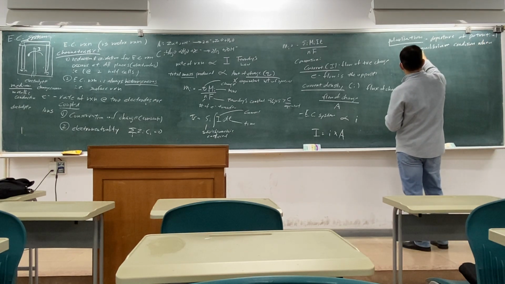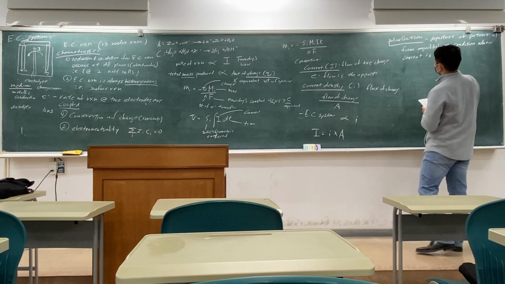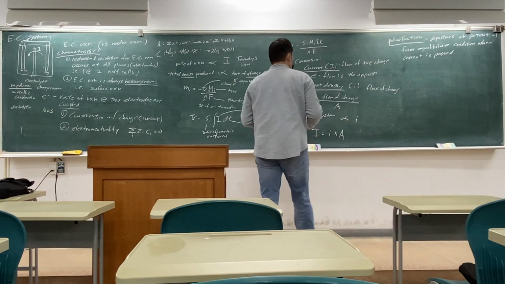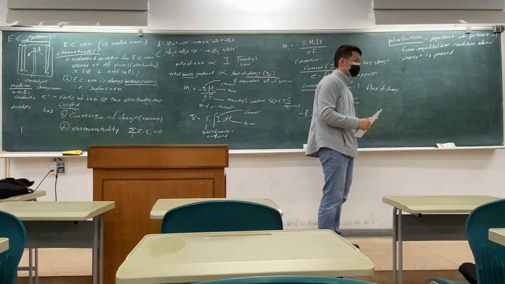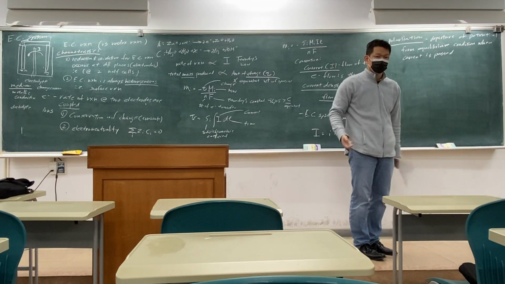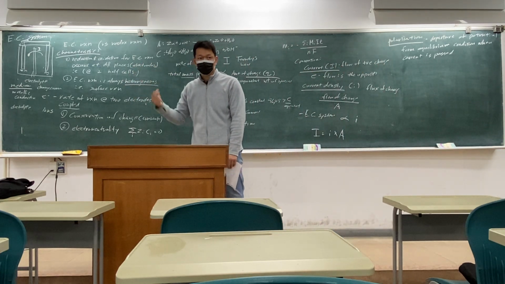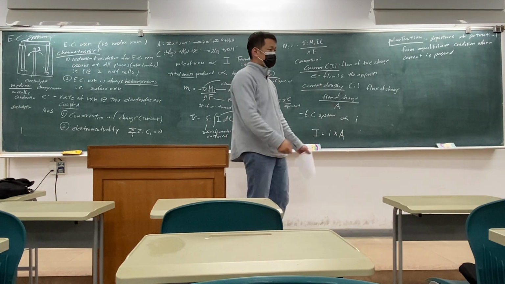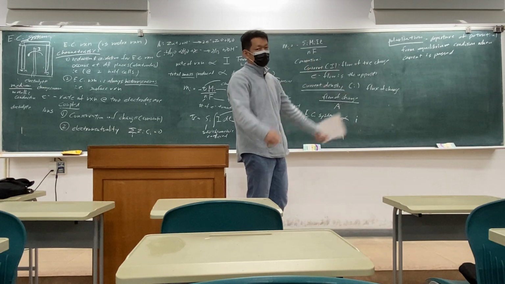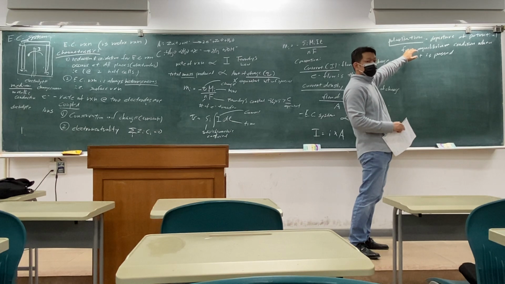Current is constant. So when you connect the anode to the cathode, theoretically you're going to get X number of volts. For instance, if you have a zinc and a silver, theoretically like 1 point something volts, but you only get 90% of that. The loss is due to polarization.